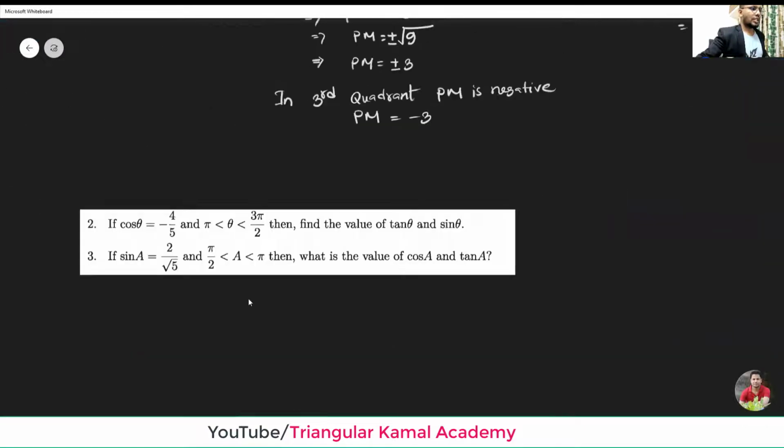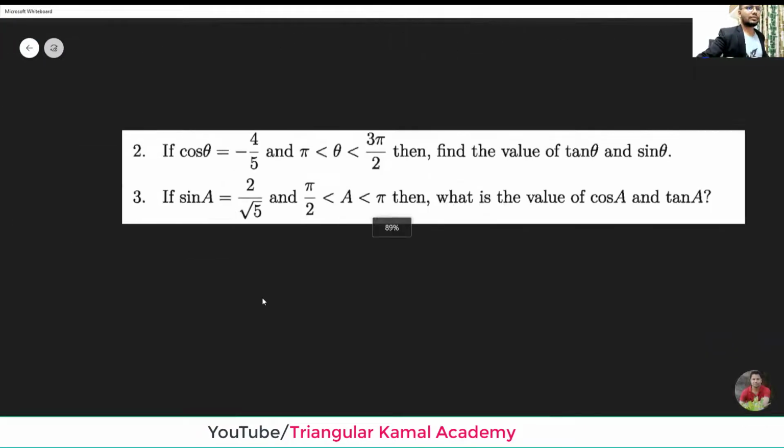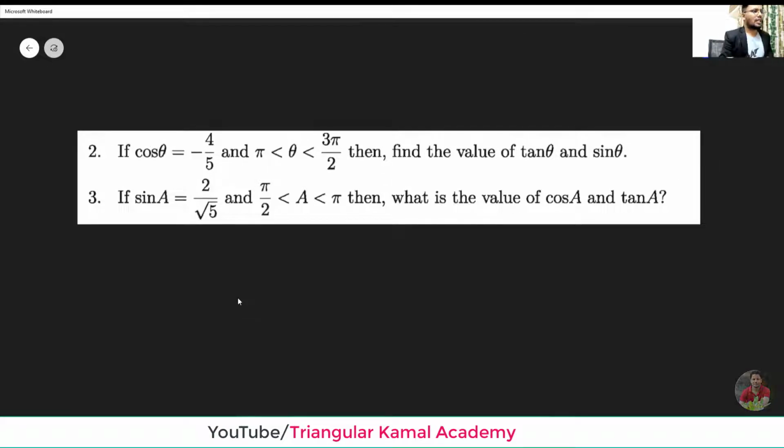And next, question number 3. Sine A is equal to 2 by root over 5 and the theta limit is greater than pi by 2, that means the angle is greater than pi by 2. Pi by 2 means 90 degrees. The angle is greater than 90 degrees but less than 180 degrees, which is in the second quadrant.